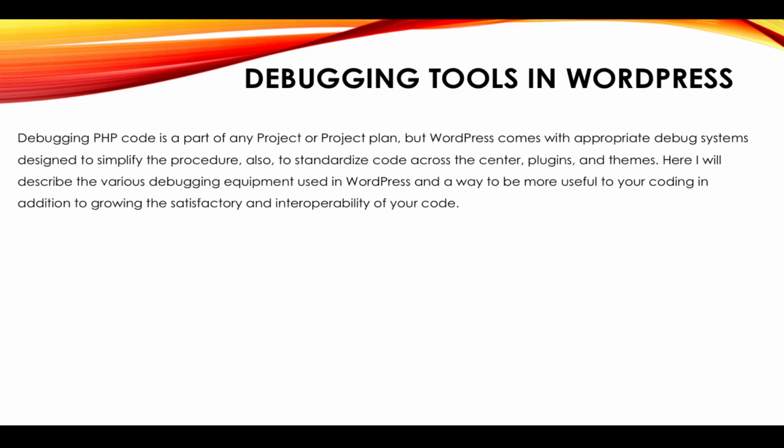So in these debugging tools, the first tool is WP Debug. This tool will show you the errors, warnings, notices, and even the deprecated methods and functions inside WordPress which are used in any theme or plugin. By default it is set to false, so it will not show any error, warning, or deprecated information.